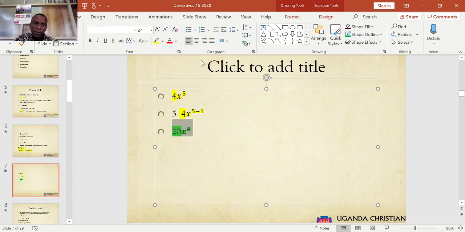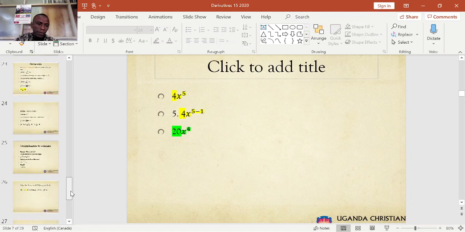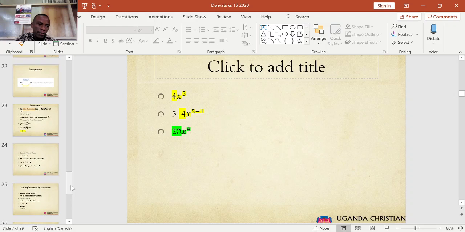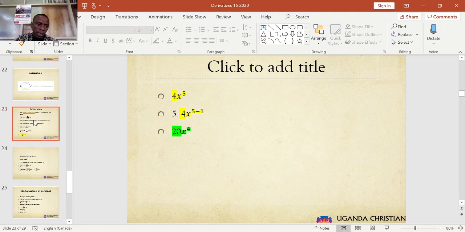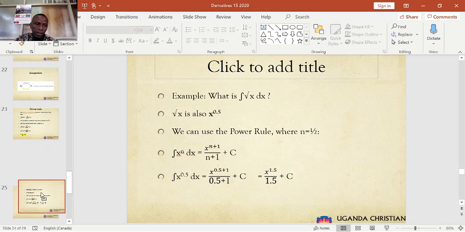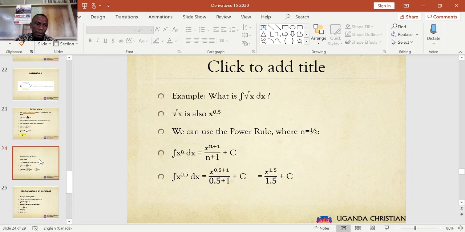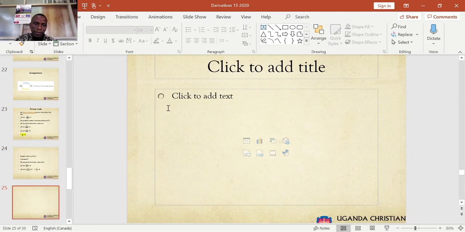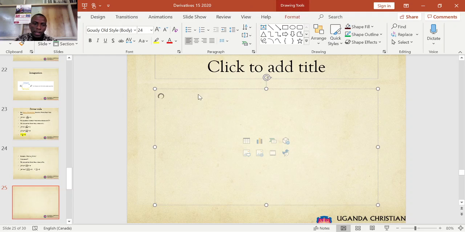Let's see if our answer will be 4x to the power 5. Let me put it in this slide.